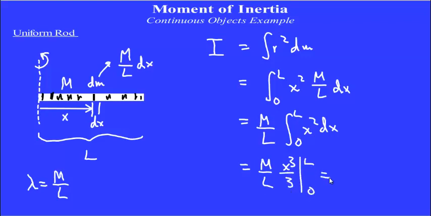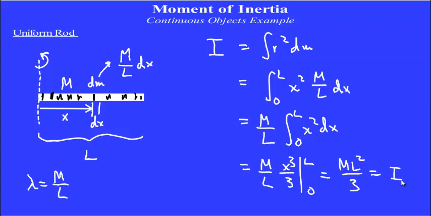You're going to get mL squared over 3, because the L on the bottom is going to cancel one of the L's on the top. So there you have it, moment of inertia of a continuous object. The AP College Board does expect you to be able to do an integration like this, and again, they're only going to expect you to be able to do it in one dimension, so for a rod.